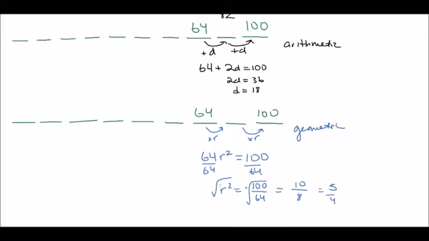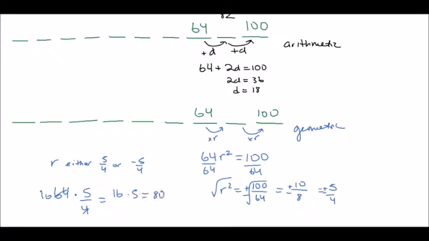Now realize that when I square root this, it can be either positive or negative. So my r is either 5/4 or negative 5/4 in order to get to the 100. So let's multiply 64 times 5 over 4, and you can either do this in the calculator or just do a simplification. 64 over 4 is 16 times 5, and that is 80.